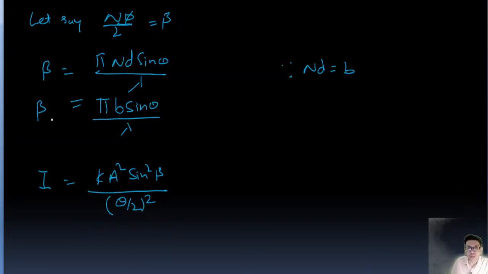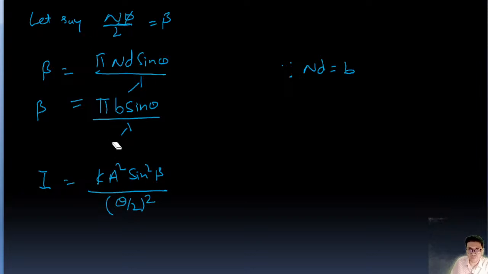So now I is going to be k n sine square beta upon beta square.